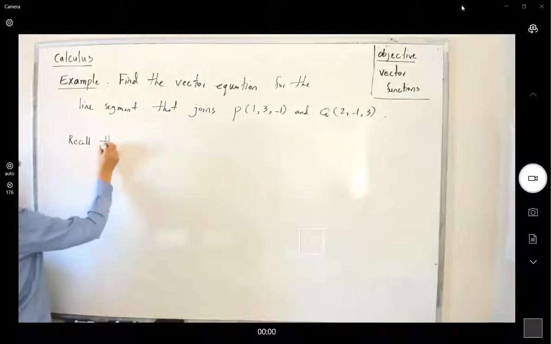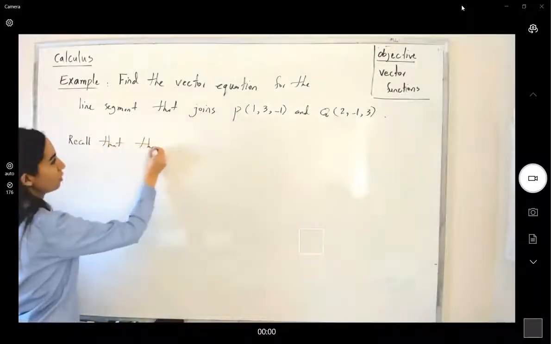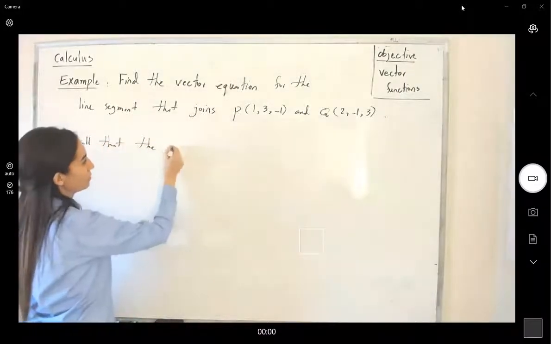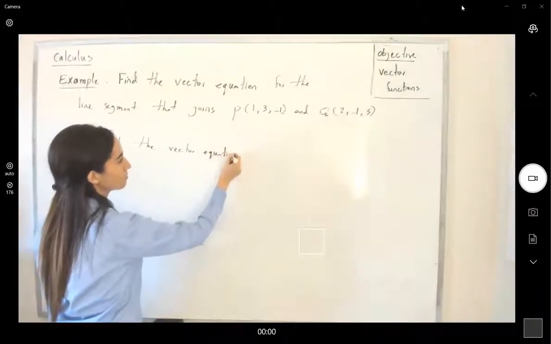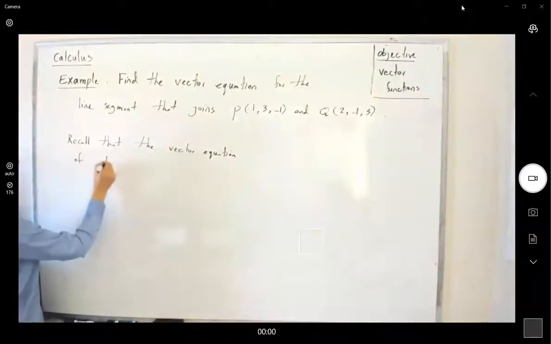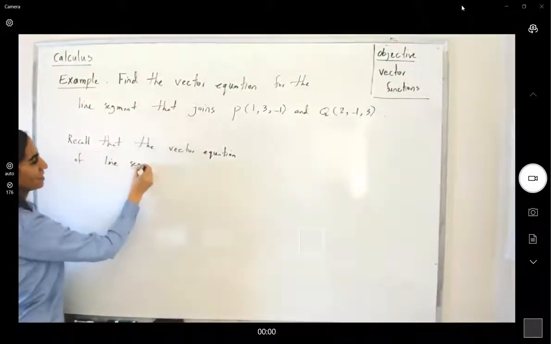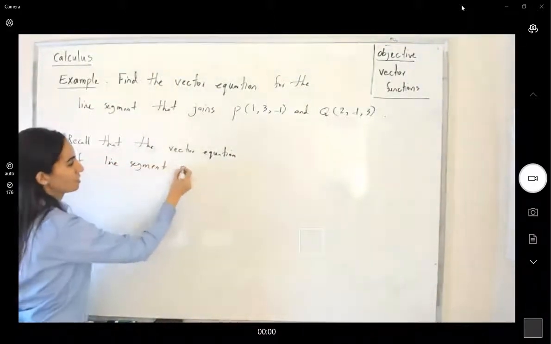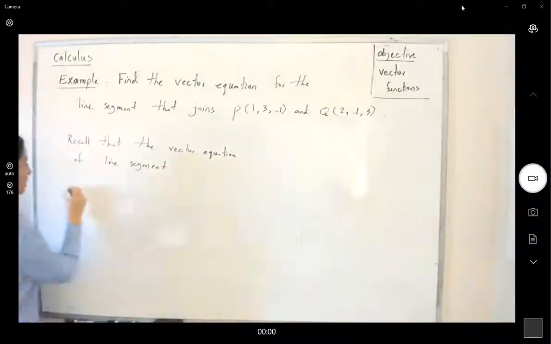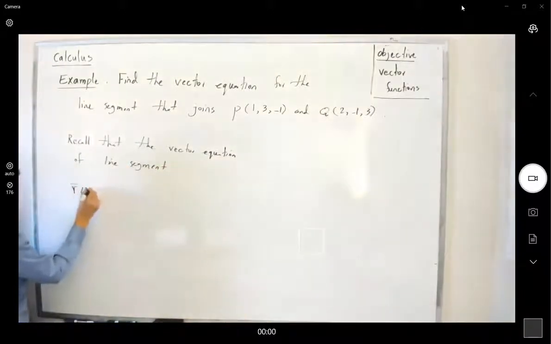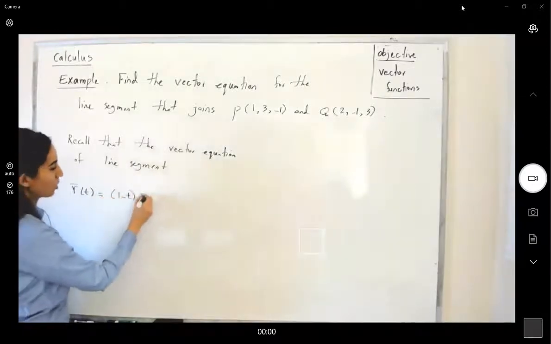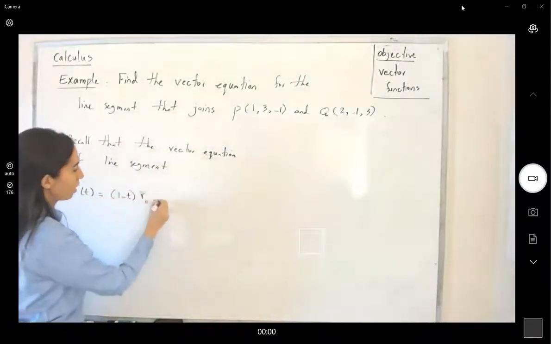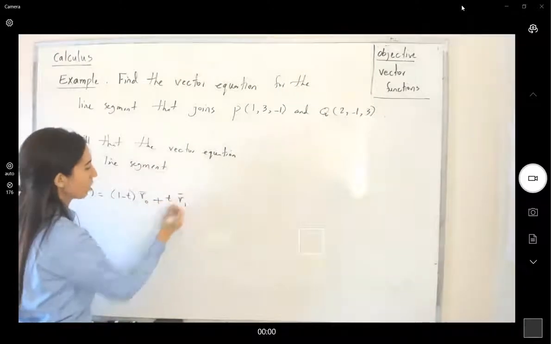Recall that the vector equation of a line segment is written this way: r of t is equal to (1 minus t) times r sub 0 plus t times r sub 1.